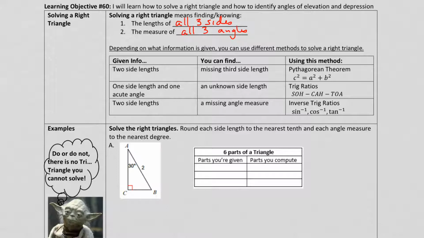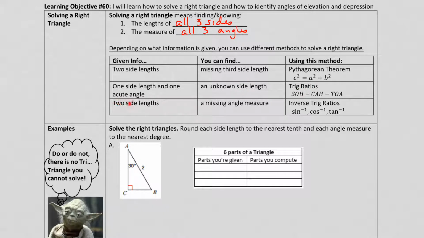So to do that, guys, at this point, we've now spent several days talking about right triangles. Depending on what information you're given, you have different techniques that you can use. First, if you know 2 side lengths, then you can find the missing third side length with the Pythagorean theorem. Next, if you know 1 side length and 1 acute angle, then you can find unknown sides using SOHCAHTOA.